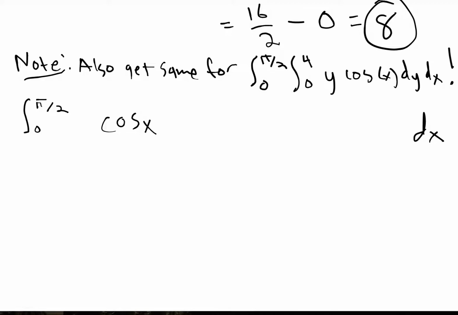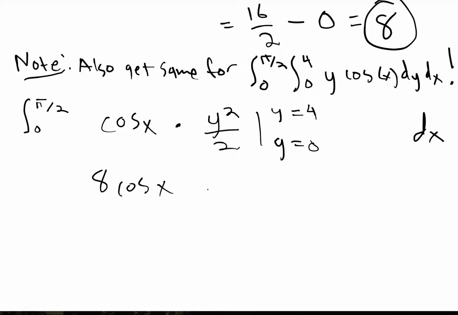We're just going to hang on to it. And I anti-derive y because y is the variable here. We have to evaluate this between 0 and 4. If I do this, you'll notice I'll get the same 16 over 2, so I'll get 8 cosine x, minus 0 if I plug that in.